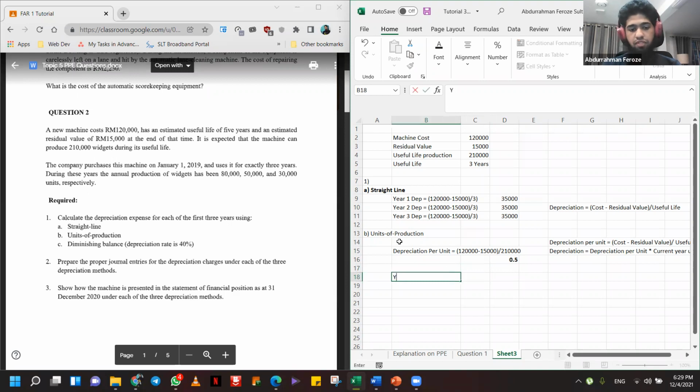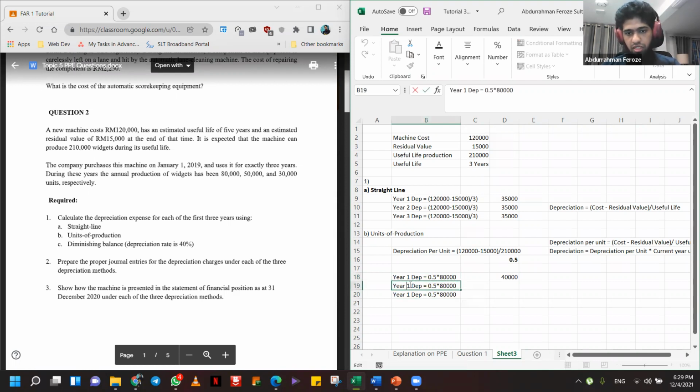Year 1 depreciation equals the depreciation per unit times the current year's production. So you have 0.5 times the first year production of 80,000, which would equal 40,000.